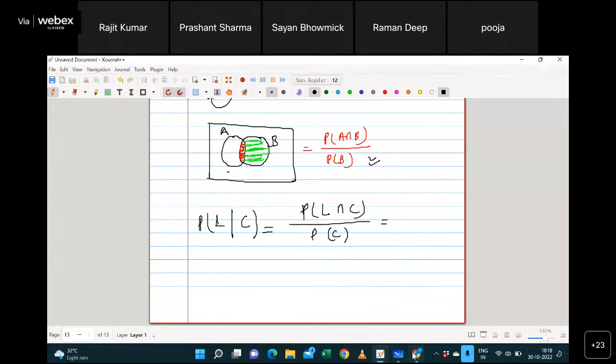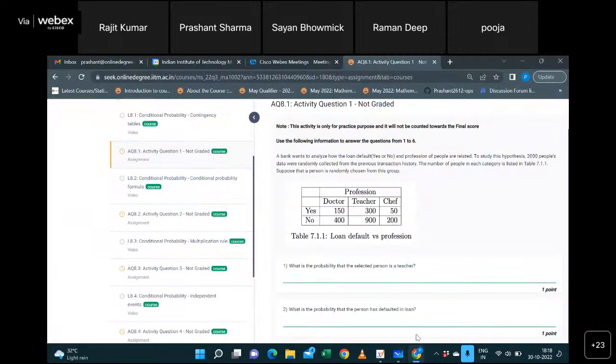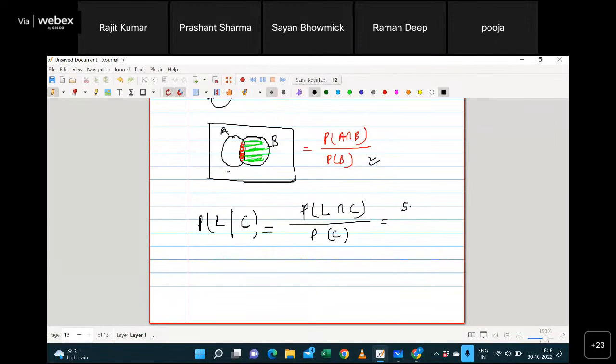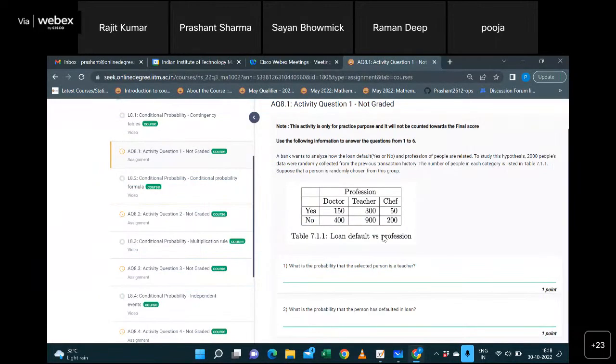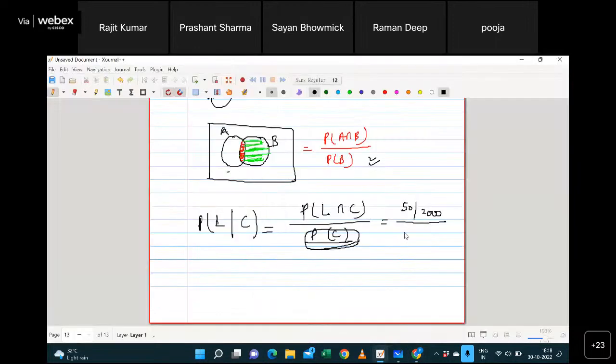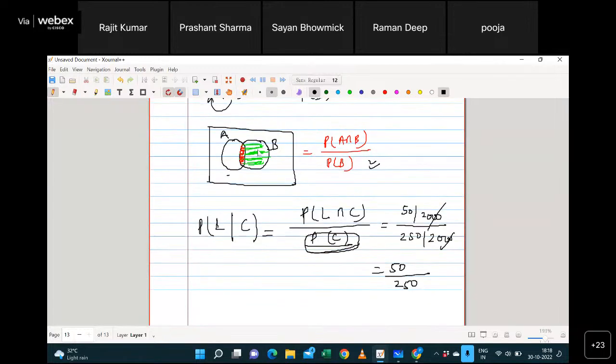What is the probability that the person has defaulted in loan and is safe? 50 divided by 2000 in total, correct? Yes, sir. And what is the probability that the person is safe? How many safe are there? 250. So 250 divided by 2000. So your 2000 will get cancelled out. So in a way, at the final step, you will get these things, like I have explained.